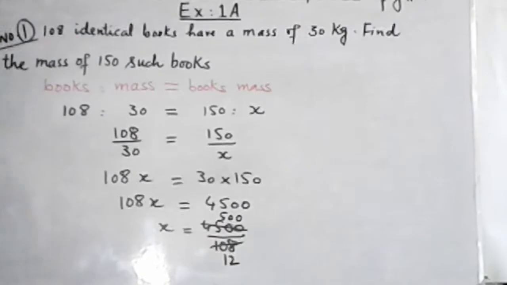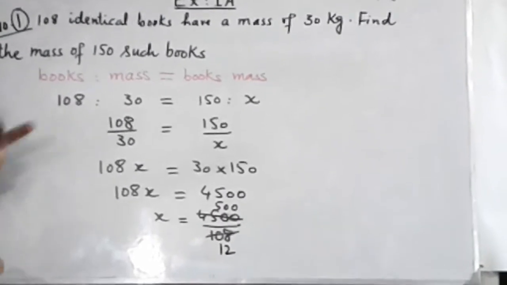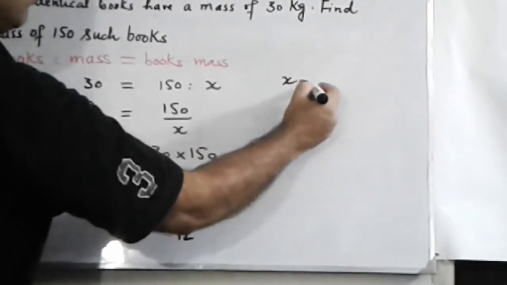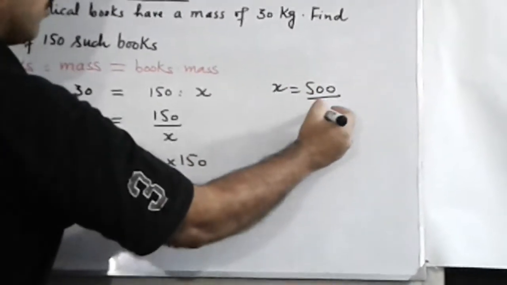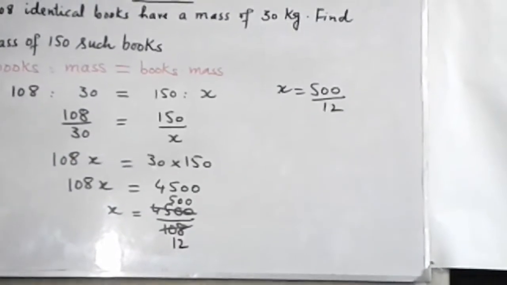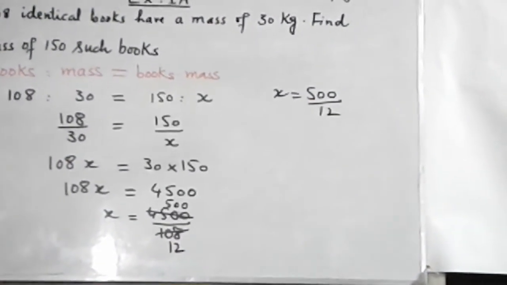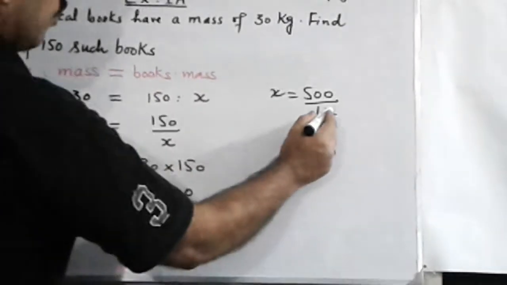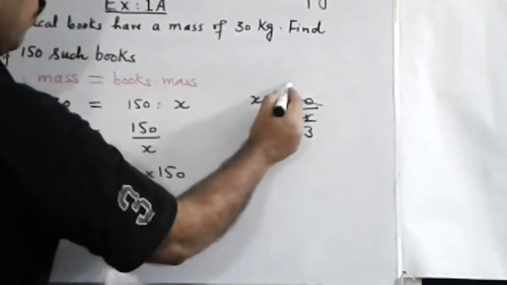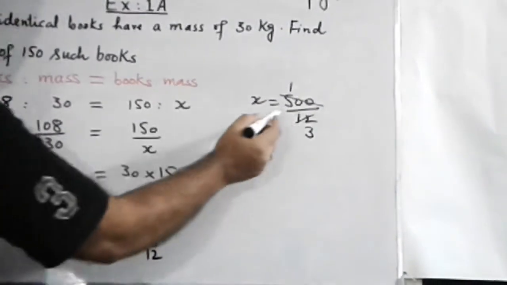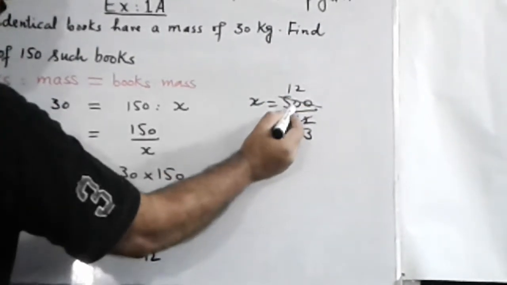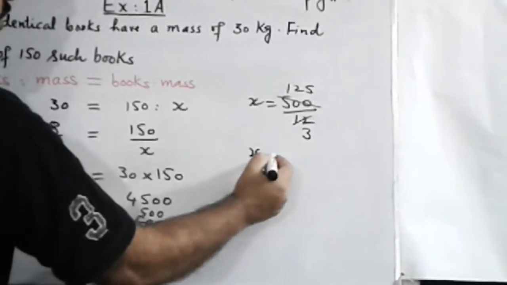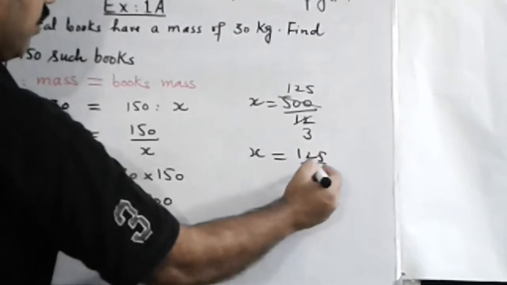So we have x is equal to 500 over 12. So students, again we can cancel out by dividing these two numbers by 4. So 4 threes are 12, 4 ones are 4, 1 is left, it becomes 10, 4 twos are 8, 2 is left, it becomes 20. So 4 fives are 20. So now students, we have x is equal to 125 over 3.